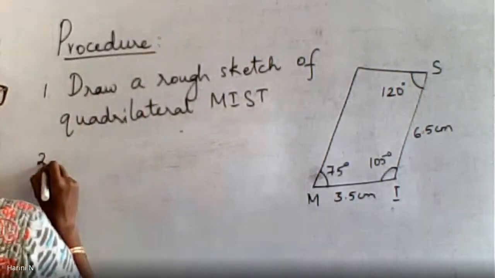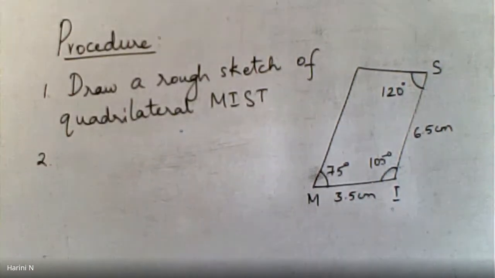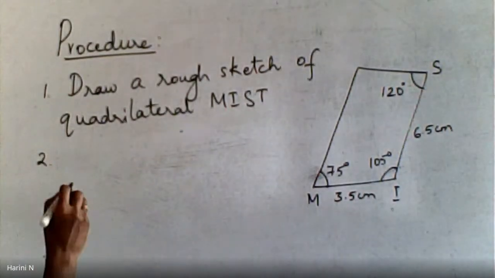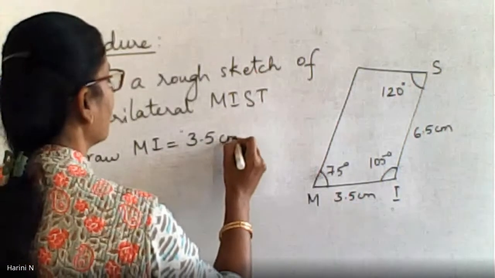Second step. Draw MI equal to 3.5 centimeters. Good.